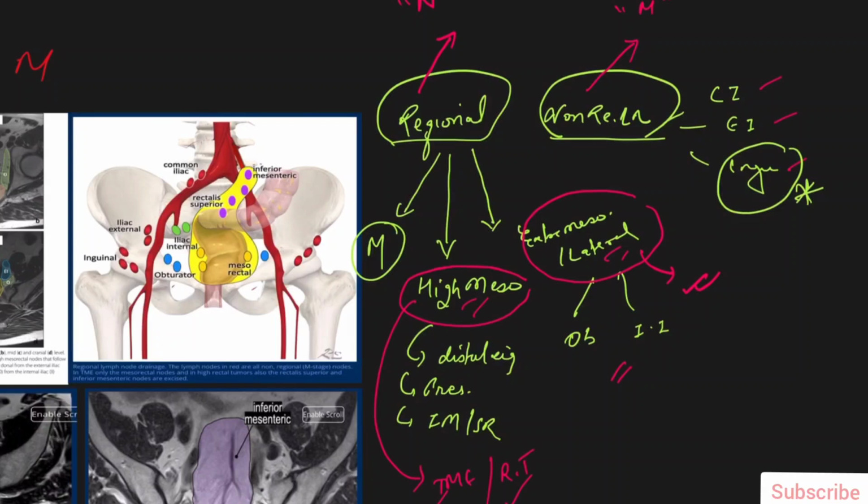In high CA rectum they will be non-regional, but when the tumor involves the part of the anal canal distal to the dentate line, the inguinal lymph nodes are considered part of the regional lymph nodes.